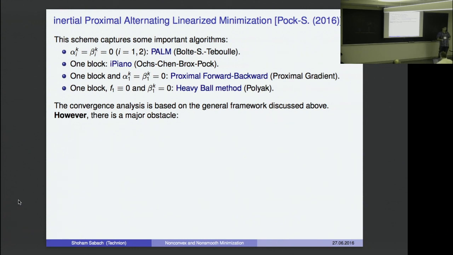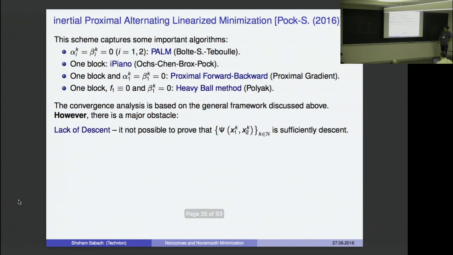The function values do not necessarily decrease at each iteration. This, of course, causes us a lot of trouble with the first condition, which asks for proving a sufficient descent. But we were able to define an auxiliary function, and with respect to this auxiliary function, we do prove a descent property.